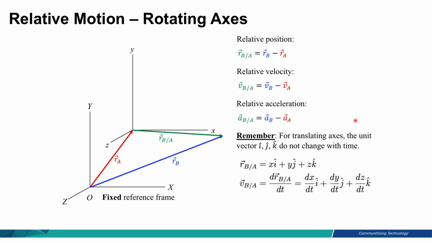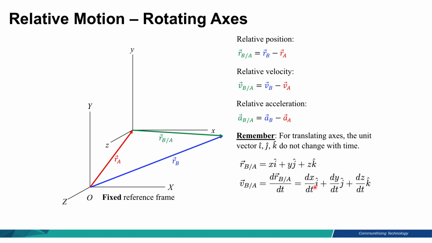For translating axis, the unit vectors i, j, k do not change with time. So in this case, we have RB/A equal to xi and yj. In our case, we don't have the k component because this is a planar motion. And for VB/A, it is equal to d rB/A over dt.